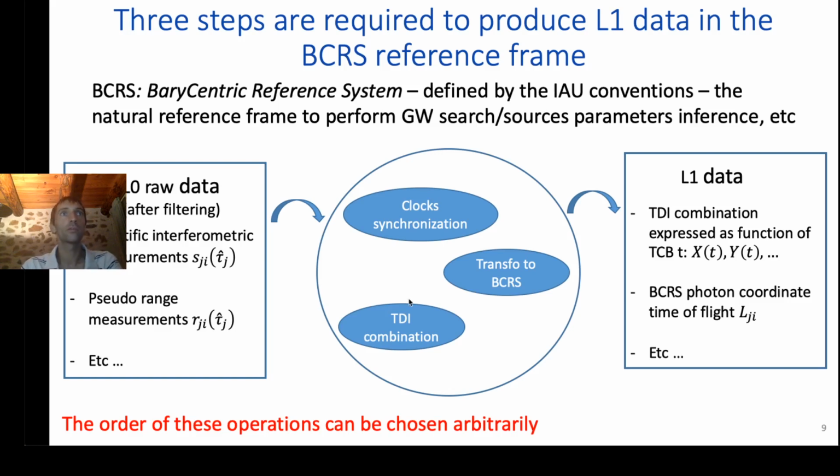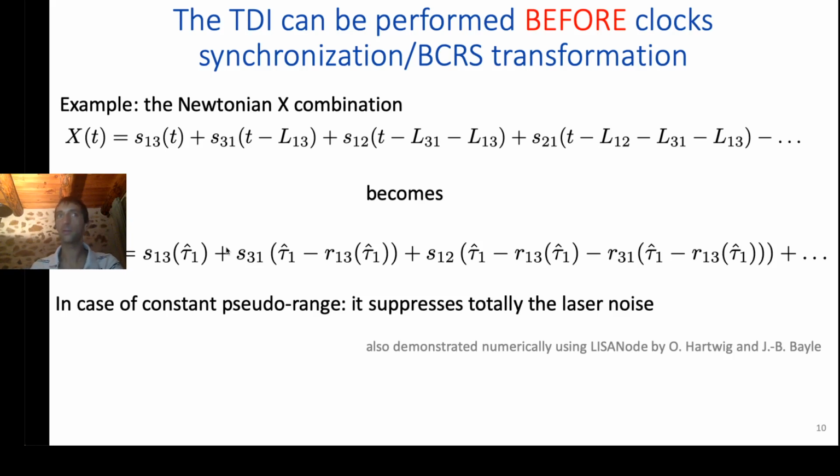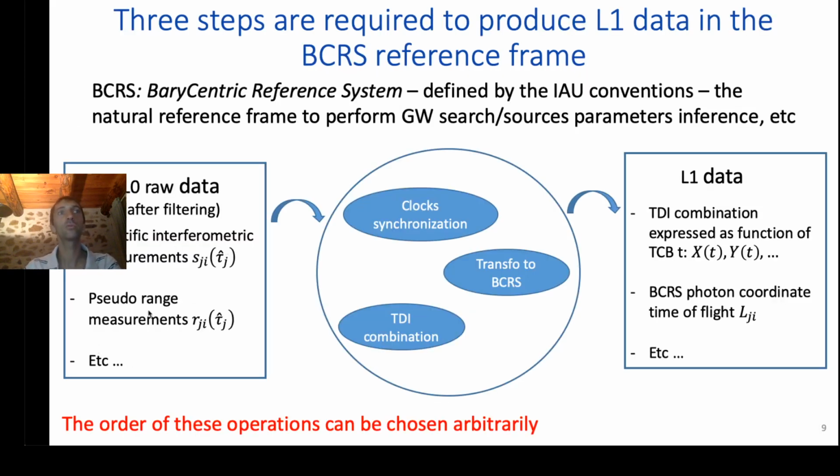So first of all, what are the L0 data? A simplified version of the L0 data after filtering. Well, as I already mentioned, there will be some interferometric measurements, 6 of them, which are time tagged with respect to the local user time. And on the other hand, there will be some pseudo-ranges measurements here that are also time tagged with the local user time.